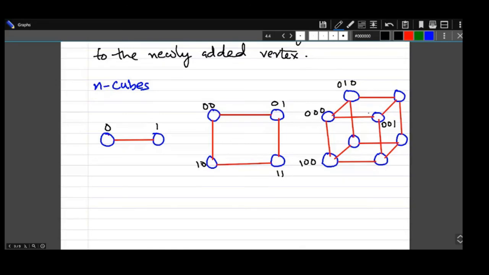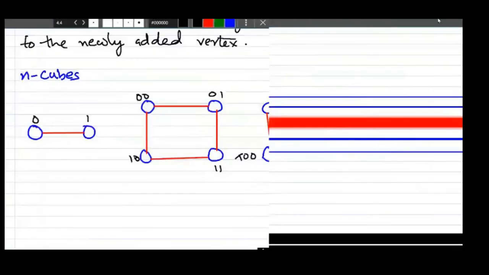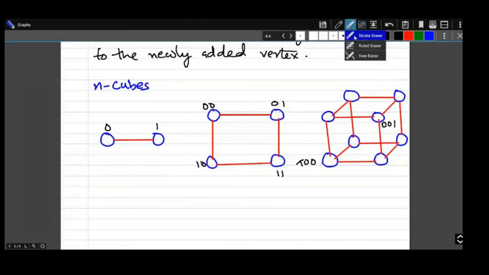So look at this 0 0 0. There is first bit difference, so this last bit will differ: 0 0 1.